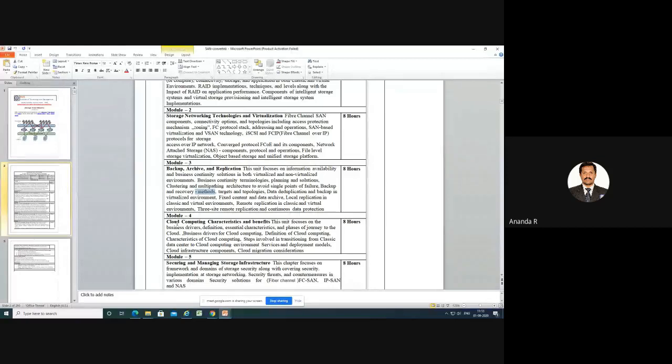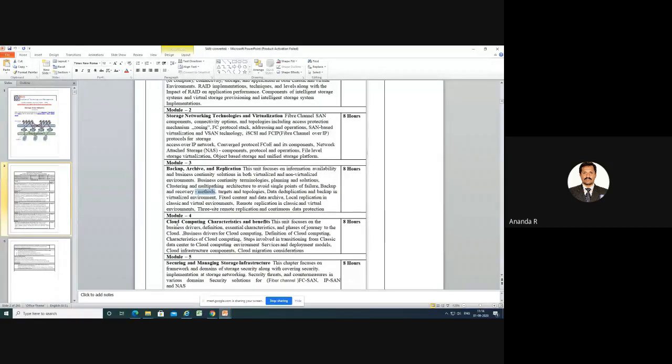This unit focuses on the business drivers, definitions, essential characteristics, and phases of the journey to the cloud.